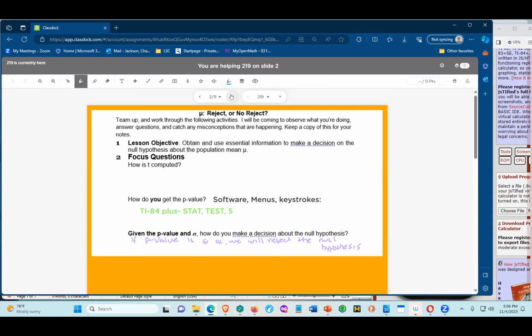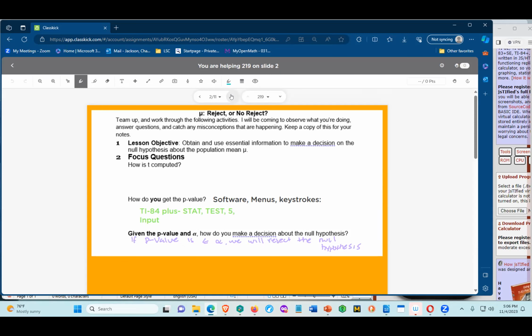Is T the population mean? Is that what it's asking? No, it is a test stat for this kind of testing. I think this is 7.3. Oh, okay. Oopsie, haven't started that one yet.